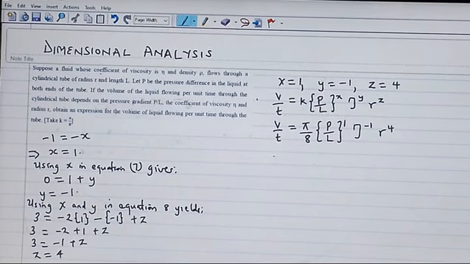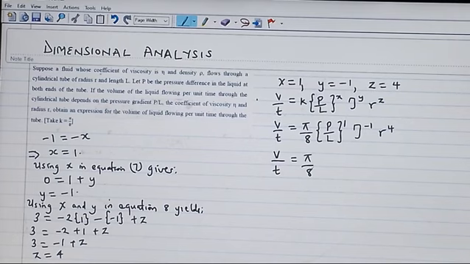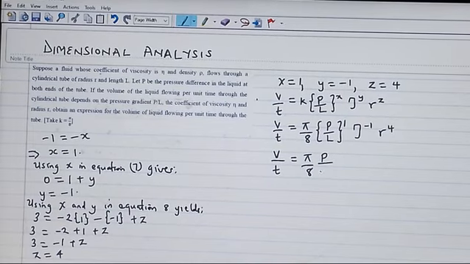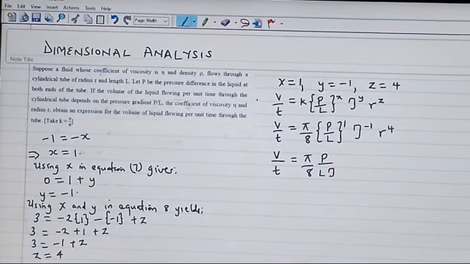This can be further expressed as v over t is equal to pi over 8, then p all over l times coefficient of viscosity, radius raised to power 4.